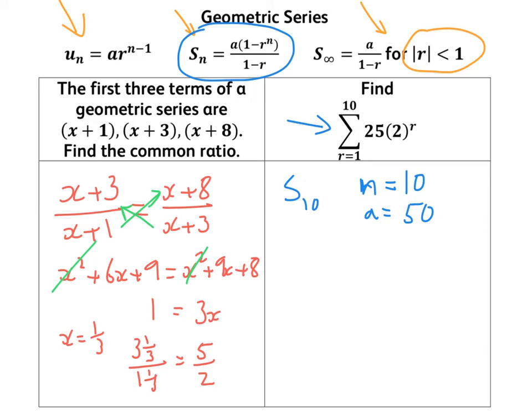And the ratio is 2, because that's what's to the power, so it's this bit here. There's your ratio. So all I now have to do is put all of that into the formula.